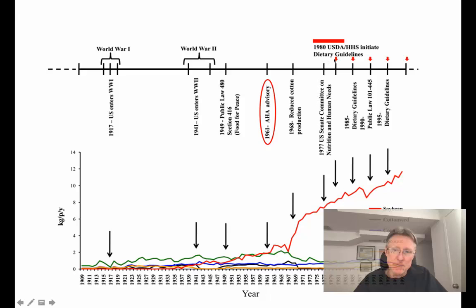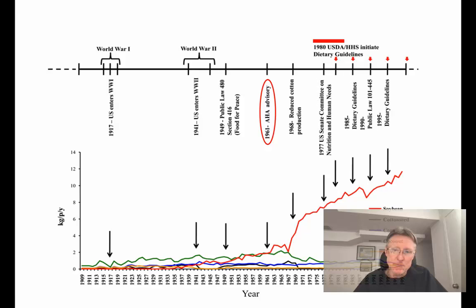Similar to what the American Heart Association mentioned in 1961, the 1980 guidelines said we need to significantly reduce saturated fat and eat more mono or polyunsaturated fat. That led to a significant increase in the consumption of vegetable oils, in this case soybean oil, from close to zero, very low amounts, to approximately 12 kilograms per person per year. It's a massive increase in the consumption of soybean oil.